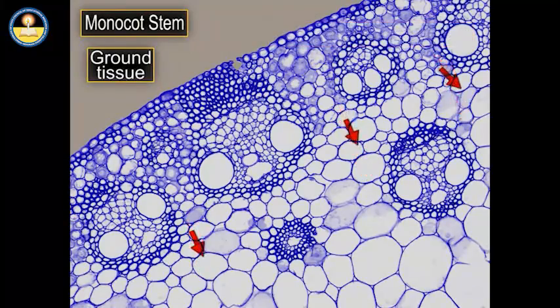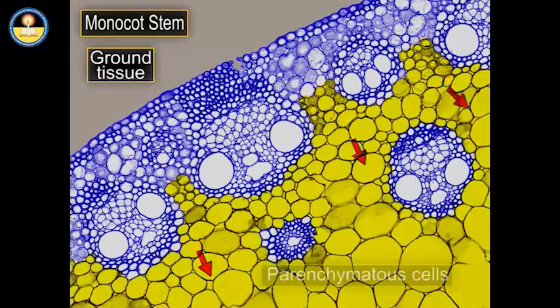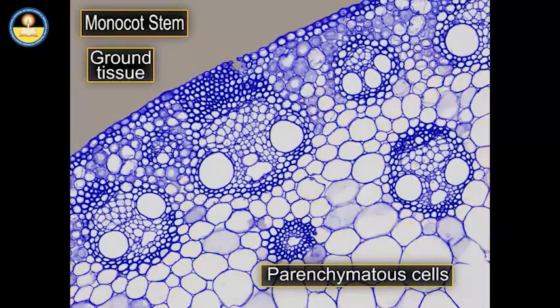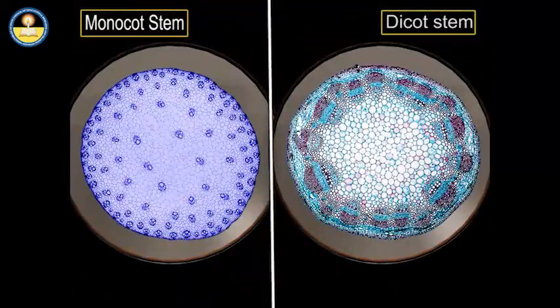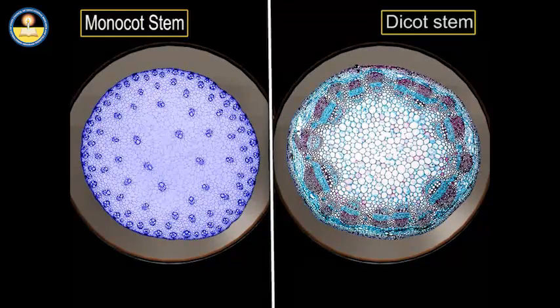These layers of cells are followed by larger thin-walled parenchymatous cells. Intercellular air spaces are found in the parenchyma. Cortex, endodermis and pericycle are not present in monocot stem, but they are there in dicot stem.